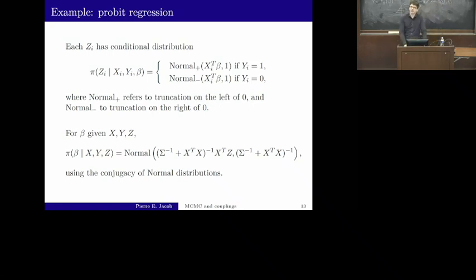Okay, so now what's the game? The game for us is to imagine two chains. So each chain has a set of beta, a set of z's. So you have two sets of betas, two sets of z's. And you want to make the two chains evolve while respecting this evolution, but jointly so that maybe at some point all of the beta for one chain and all of the beta for the other chain would be the same, and all of the z also would be the same.